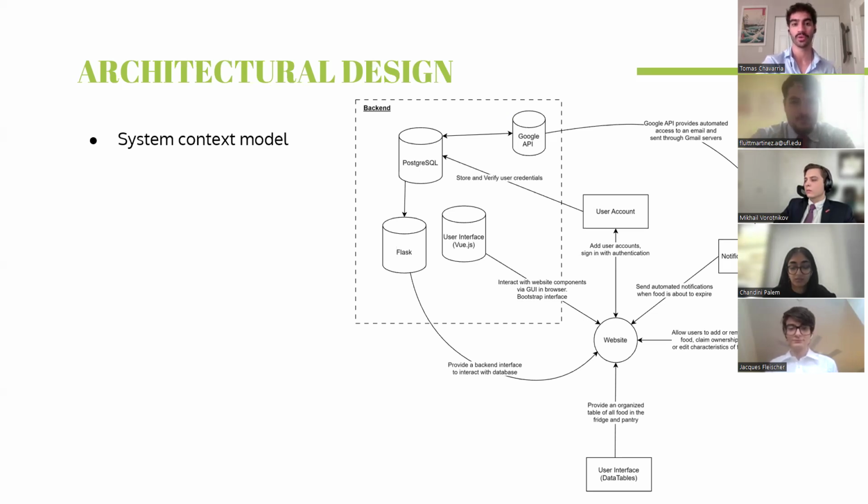Now, this user account can be taken from the database, which is part of the backend, and this will be linked with the Google API, which will then provide notification services given any given operating system, and that would lead back to the website. And as the user interacts with the Vue.js portion, which would be the front end, the user will be able to do everything that we've outlined in the previous parts of the presentation.